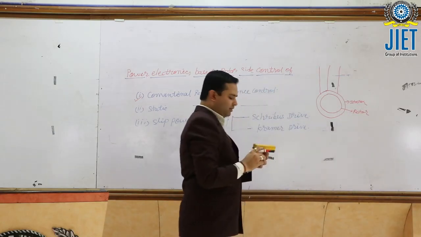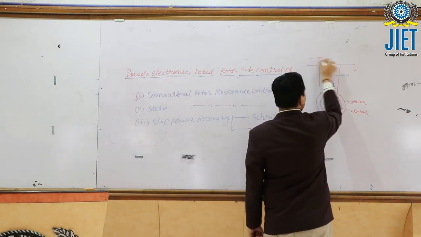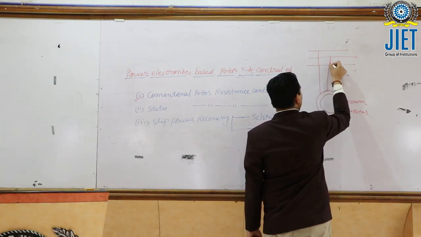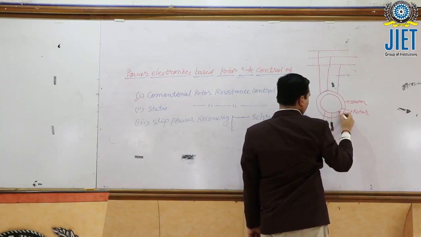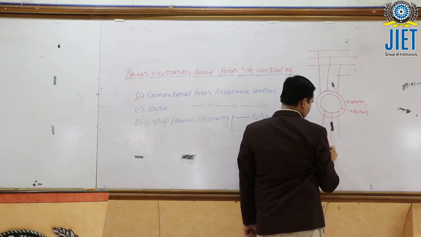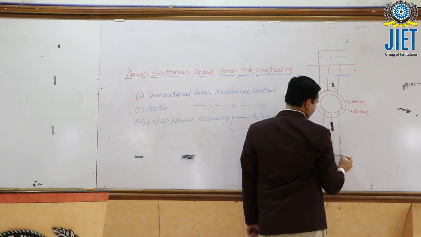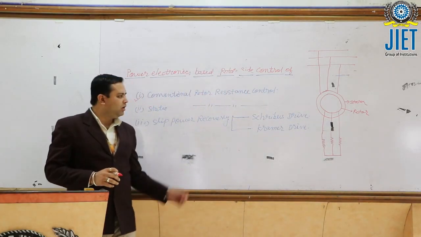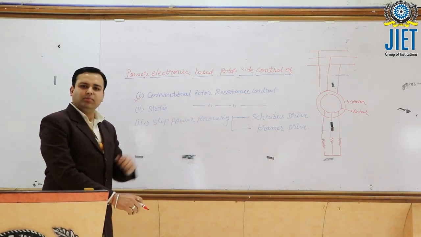The three-phase supply is given to the stator part, and at the rotor part we have the resistance controlling unit. This is resistance 1, this is resistance 2, and this is resistance number 3. So the basic principle is, if we change the rotor side resistance, then we can change the speed of the rotor of an induction motor.